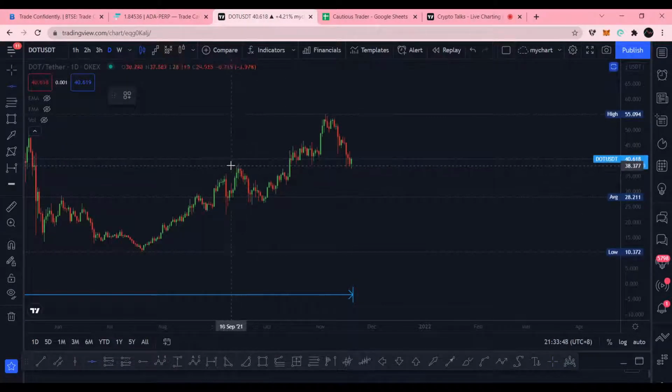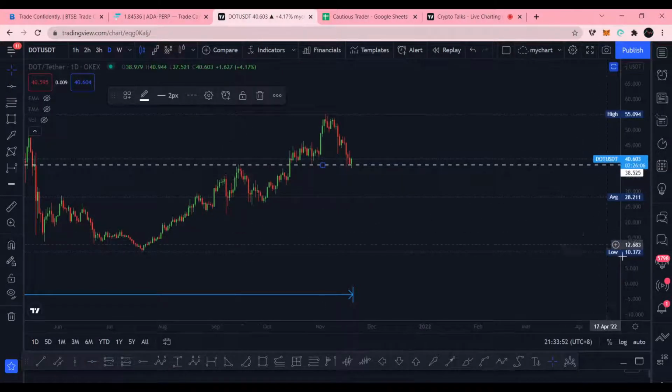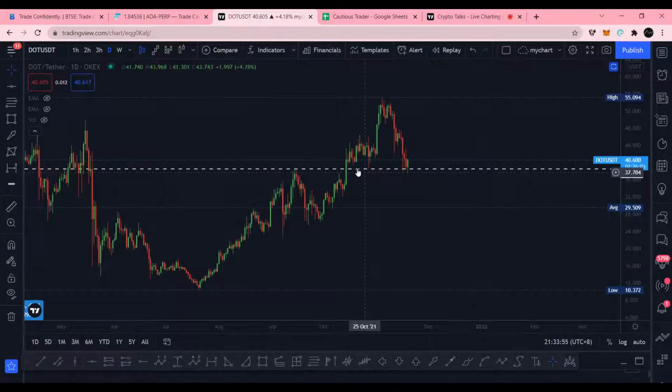We'll use this previous stop as our support area. The previous resistance will become our support area, which is 1, 2, and possibly this area, and possibly this one.